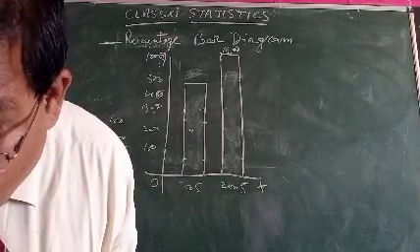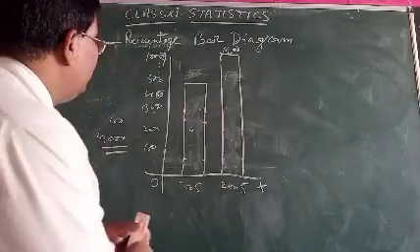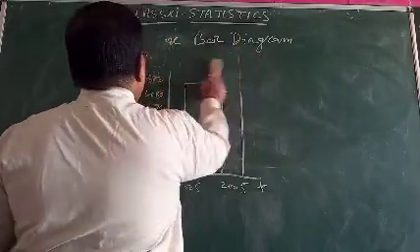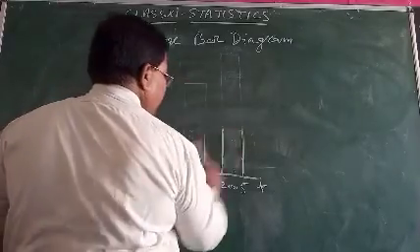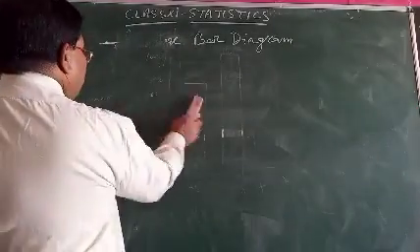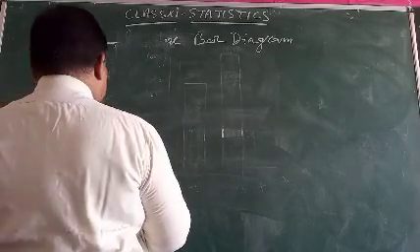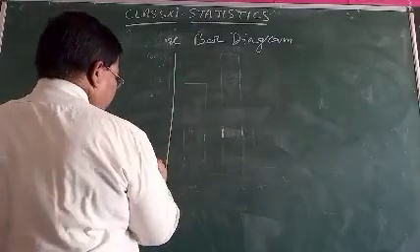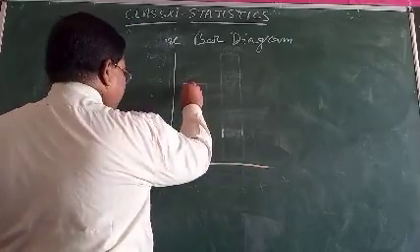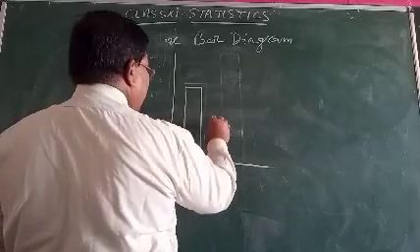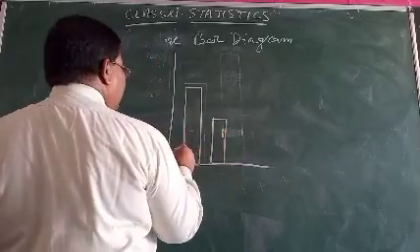Now bilateral or deviation bar diagram. What is bilateral or deviation bar diagram? Under this we can present the same thing. The plus data will be presented in the positive form.